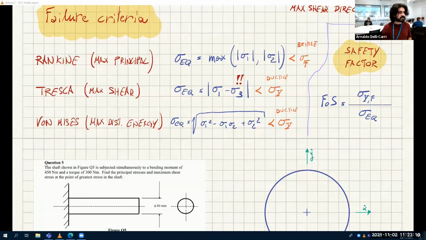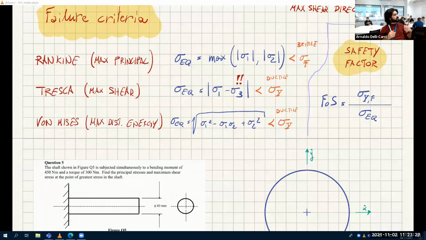Finally, von Mises is the maximum distortion energy. Now, you probably won't remember in the first year, because I know you don't, but I taught you about shear strain and shear stresses, normal strain, normal stresses.